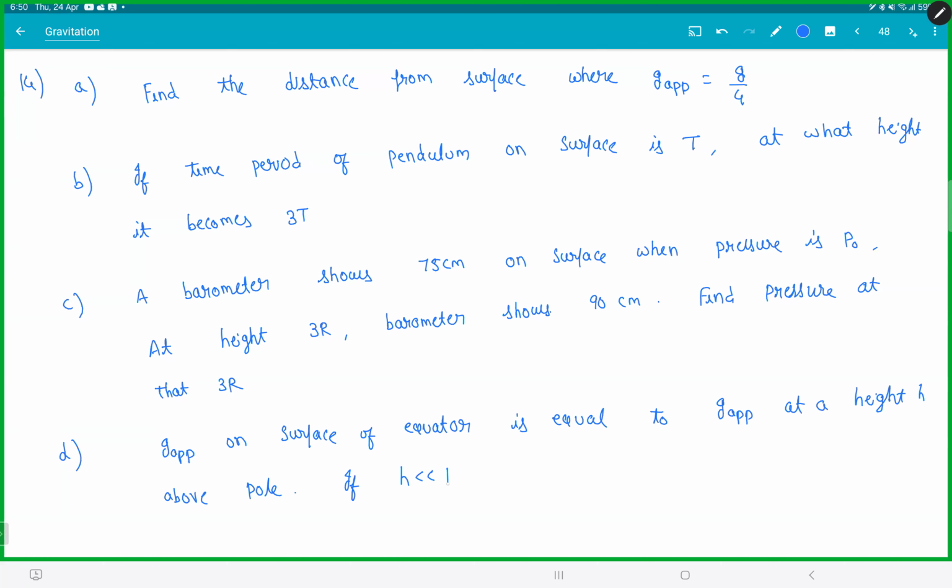If h is much less than r, find h. There. 4 questions, all simple mains level ones.